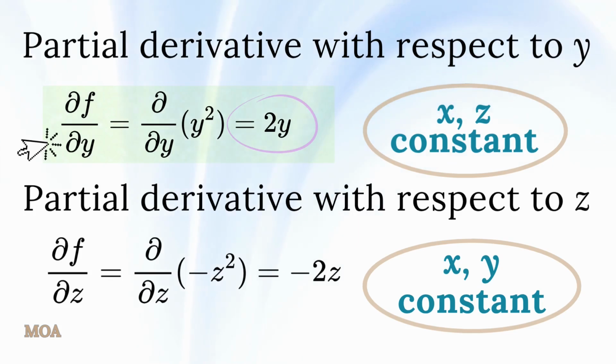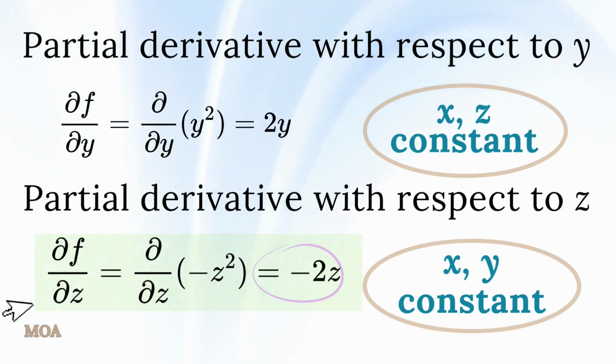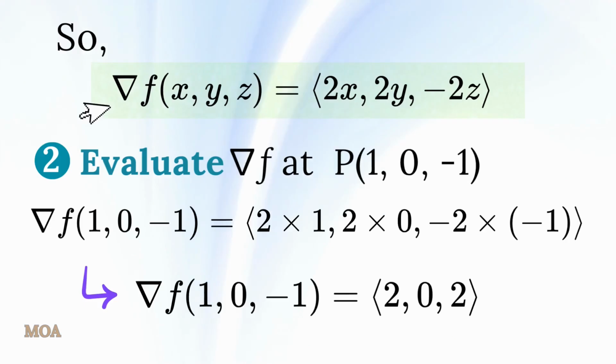Likewise, the partial derivative of f with respect to y equals 2y, and the partial derivative of f with respect to z equals negative 2z. This yields the gradient of the function f equals the vector with components 2x, 2y, and negative 2z.